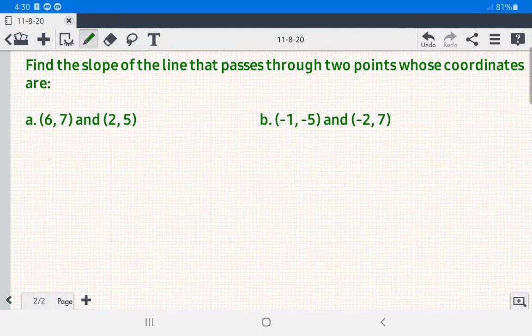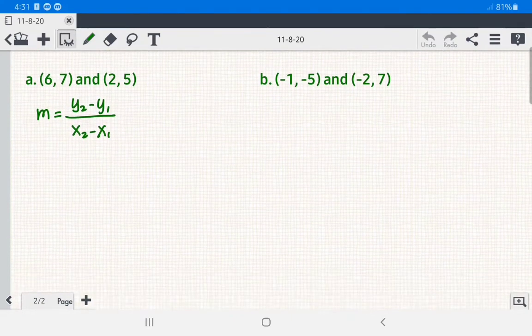Using the definition of the slope, m is equal to y2 minus y1 over x2 minus x1. Here 7 is our y1, x2 is 2, y2 is 5.